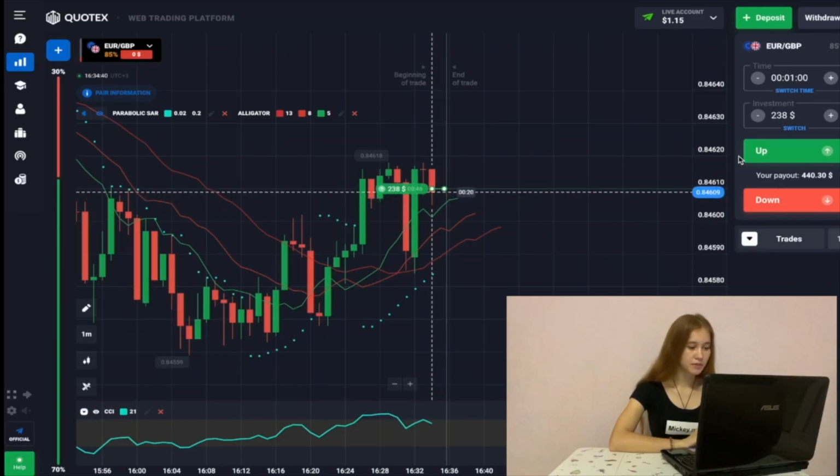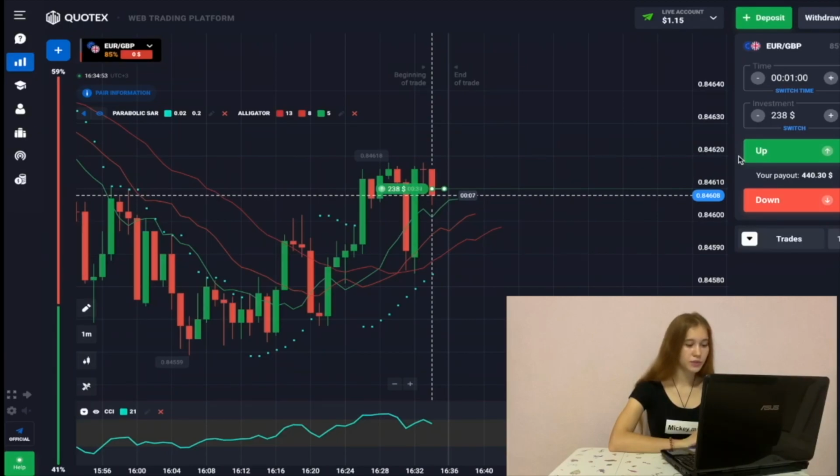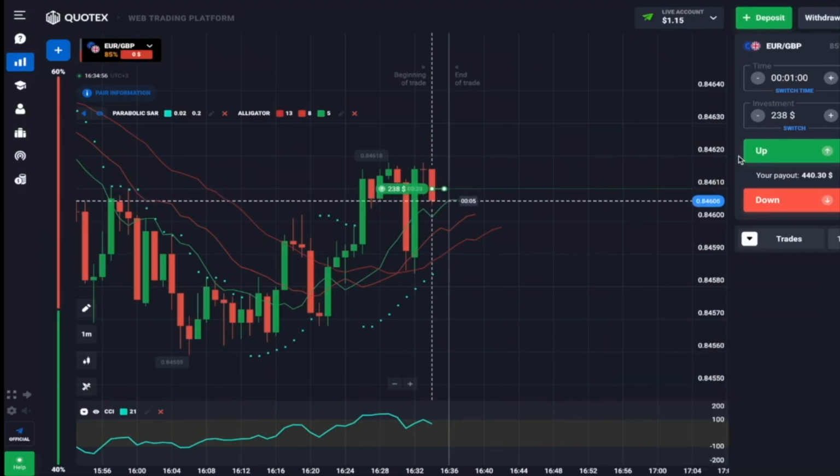For the first time, we have a price based on the support and resistance line of the chart. We expect a candle to rise, that is a green candle. Let's wait for the completion of our deal.